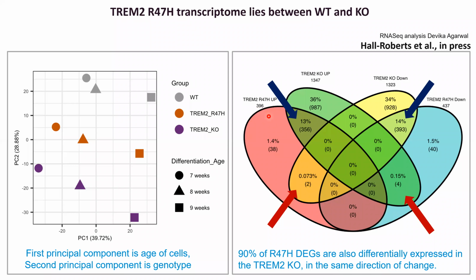And importantly, the majority of those differentially expressed genes from R47H are also shared in the same direction by the knockout cells. So this is a good demonstration that R47H is following the same transcriptomic pattern as the knockout, but just to a lesser degree.